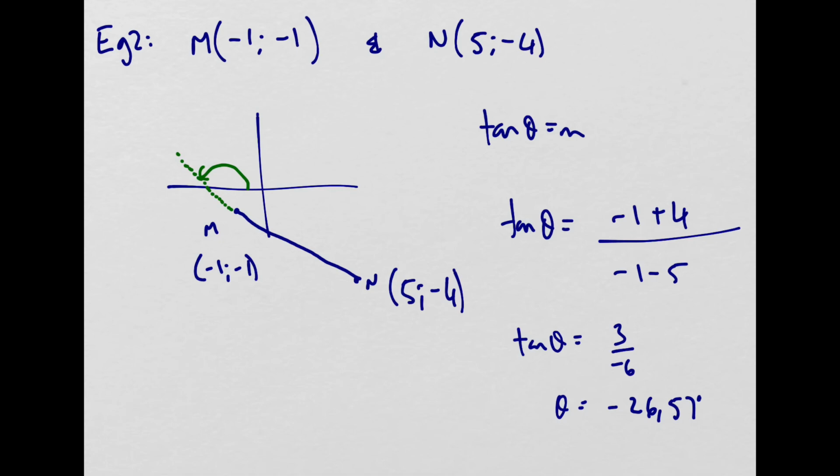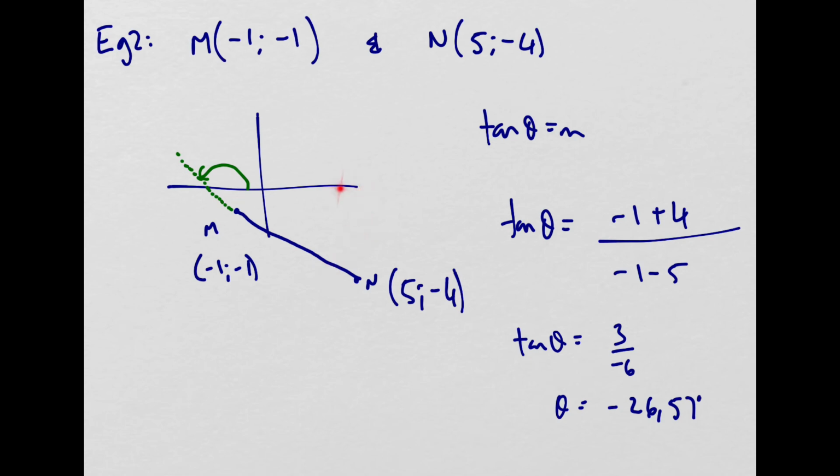Why do we have a negative angle? Because when you use shift tan, your calculator does something weird. Your calculator starts over here on the x-axis, and it actually finds the shortest distance to your graph.